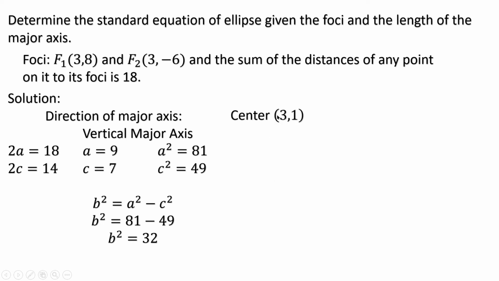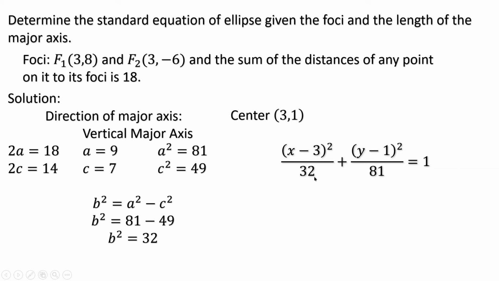Now our center is just between the two foci, so you are going to use the midpoint formula to get the center. Substituting the values, we have x minus 3, coming from the center, squared over 32.